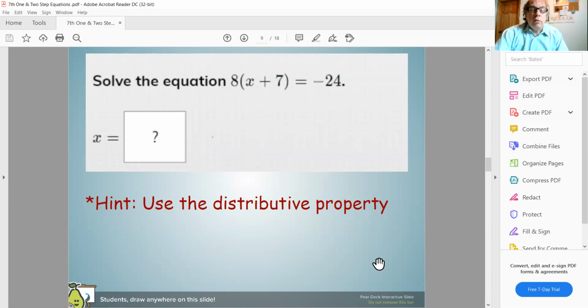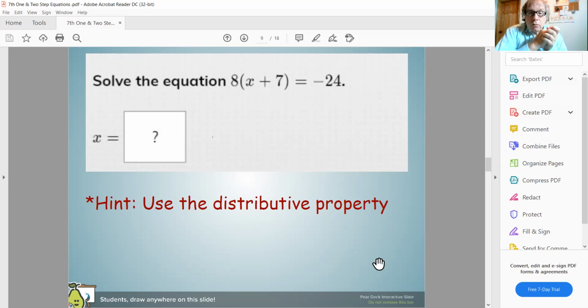So on this one here, we've got a couple things going. I want to solve the equation. Once again, the end goal is to get the X by itself. And say, oh, wait a minute, Miss Rose, I've got parentheses in this. Right, and I provided you guys a little hint that I think will assist you on this.